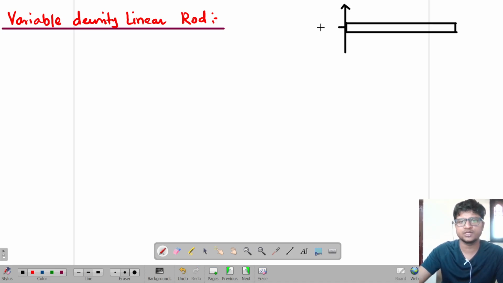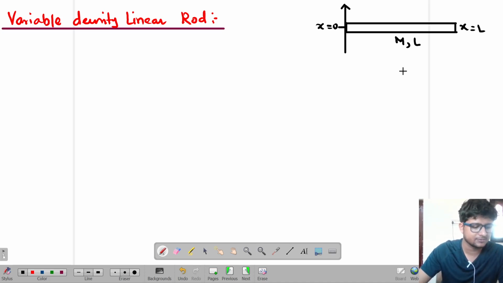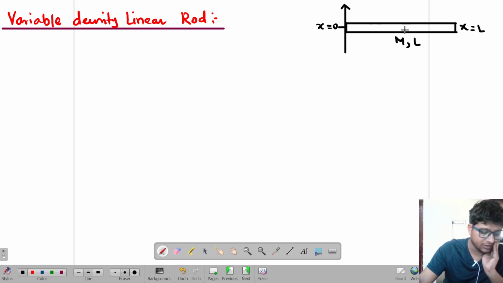At this point x is 0, and then x is equal to L at the other end. The total mass of the rod is m and the length of the rod is L. Are you able to get me or not? Now, by logic, the center of mass is going to be present at L by 2. Are you able to get me?